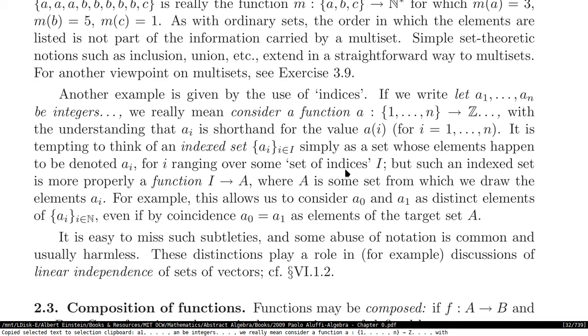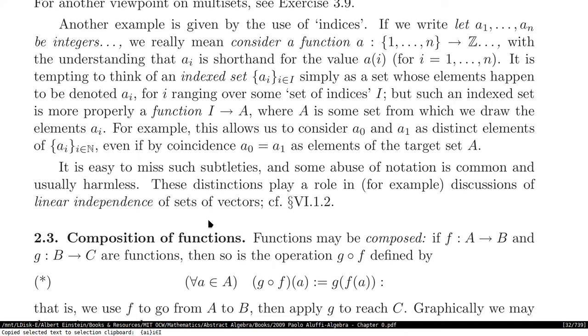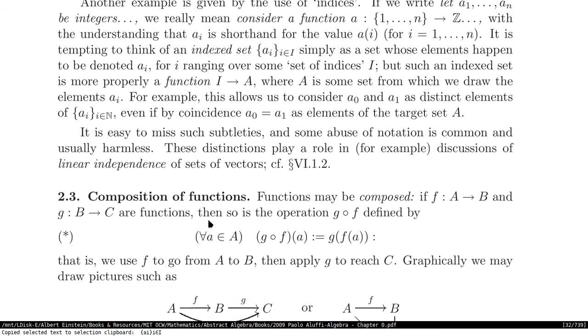You have to think about it as a function. More properly, it's a function from this index set I onto A, which has elements these a_i. And that's how you get this indexed set. We're going to use the indices a lot, so that's important.